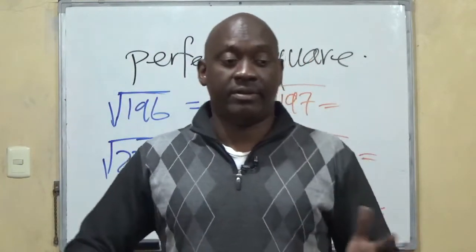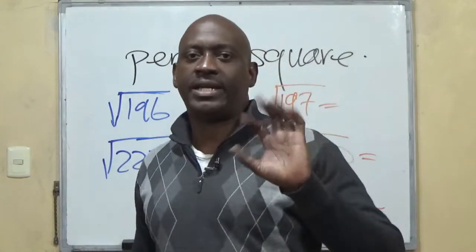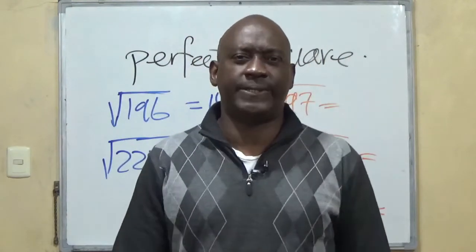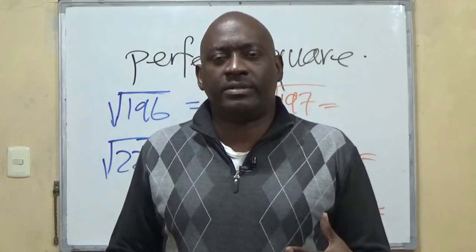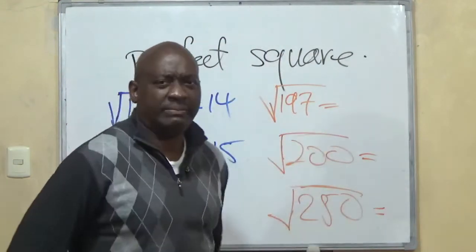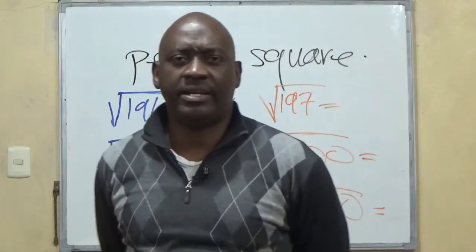Multiples of 5: 5, 10, 15, 20. Again, 5 fingers, 5 toes. We're comfortable with certain numbers. And then you see a number like 197 and you're really not feeling that number so much.